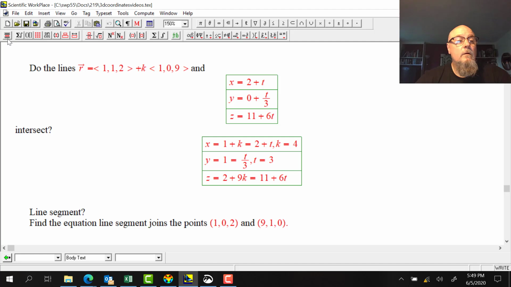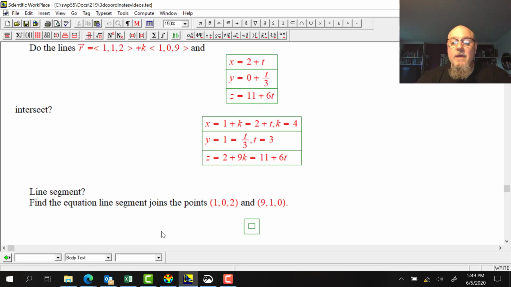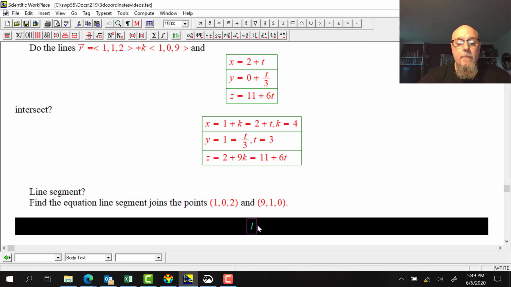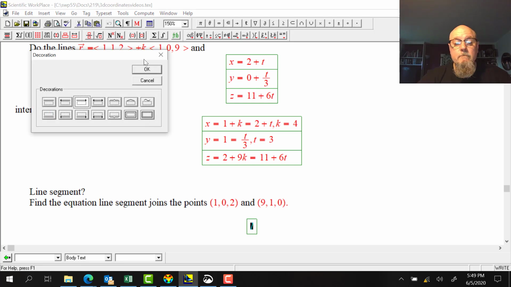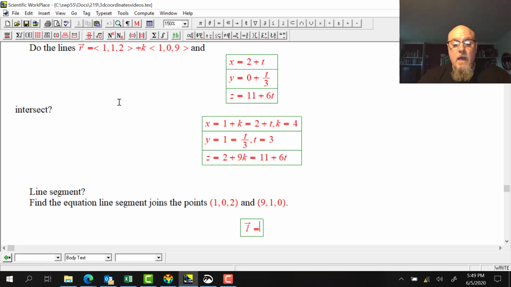Well, it's actually pretty straightforward. If I wanted to only go to the point 1, 0, 2, I would make, so I'm going to make L for line segment, I would just go from the origin to the point with that vector.